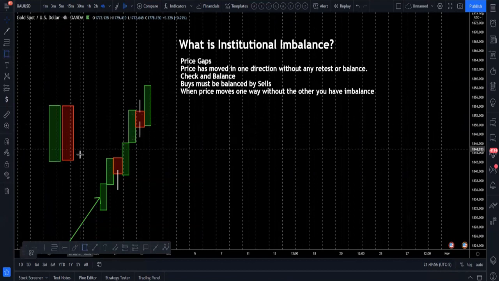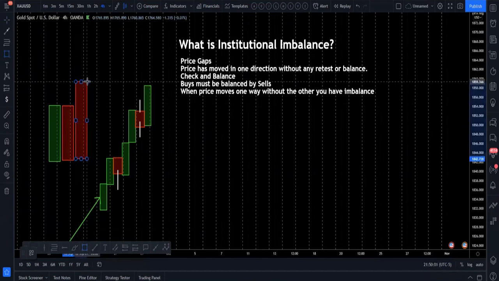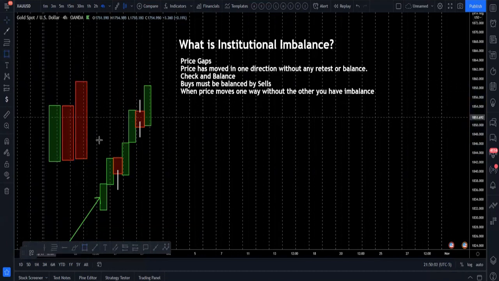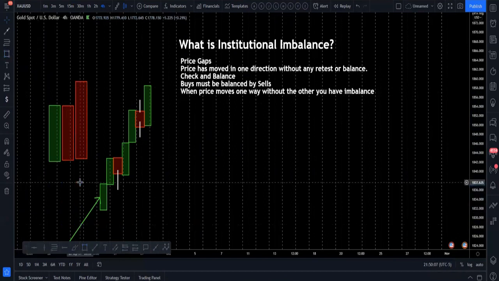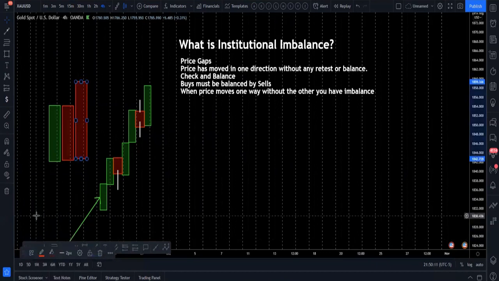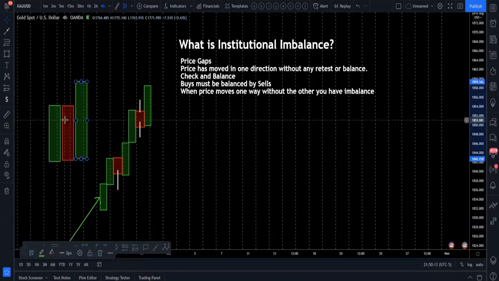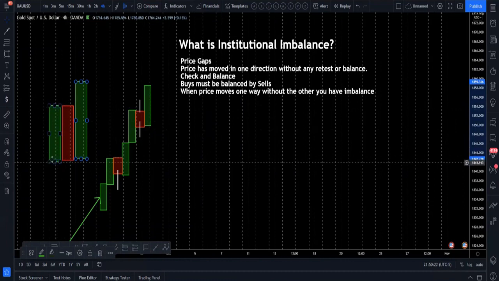And then let's say there's another buy, a little bit bigger this time. They're going to balance it out with sales. If you look here, this buy ended here, this sale balanced out this entire candle.